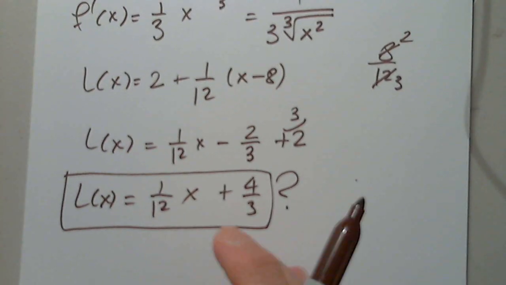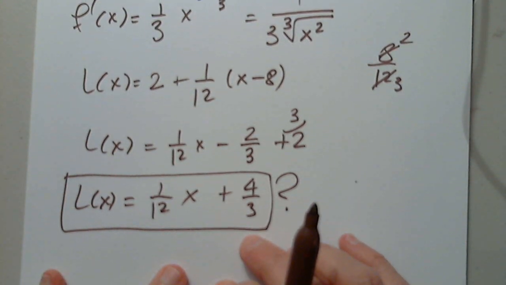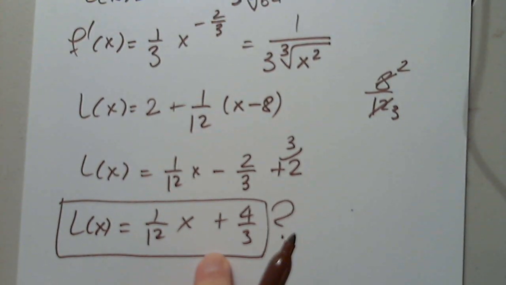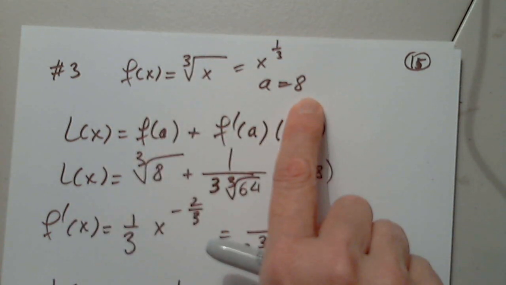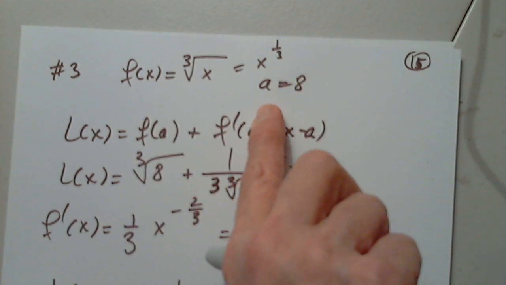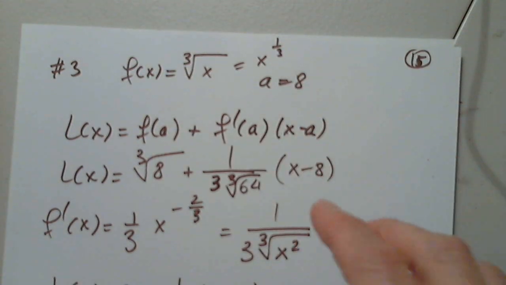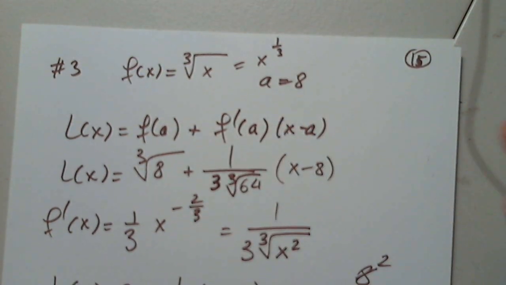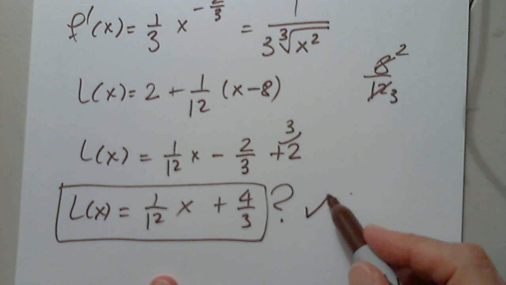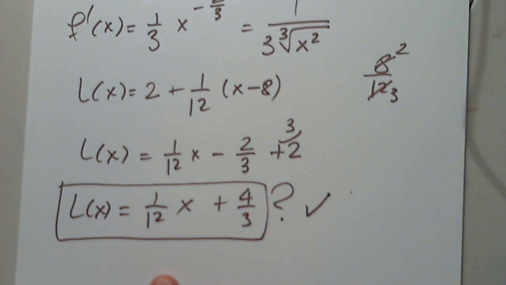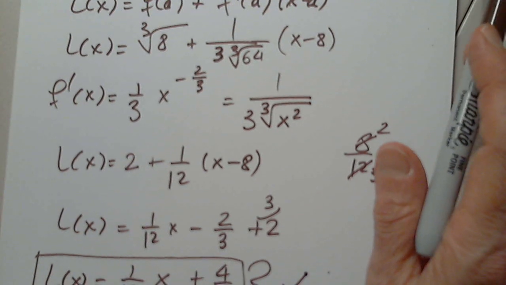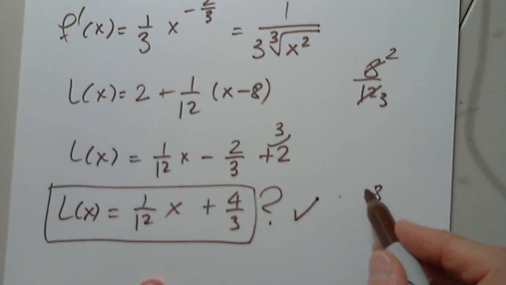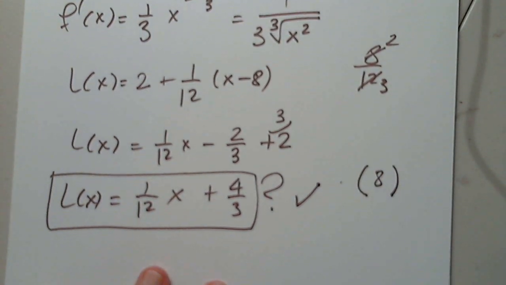What does it mean? This is the function that approximates this function near 8. Like for 7.9, for 7.8, for 8.1, 8.001, you can use this. You cannot use it for a equals 9. It's way too far. When we say close to 8, we mean very close to 8.